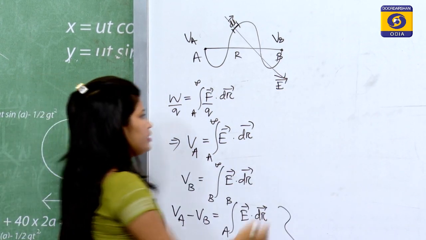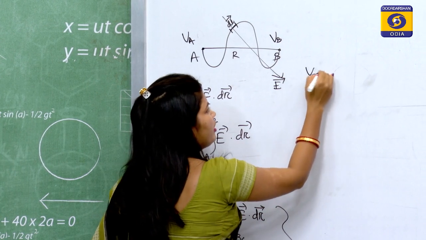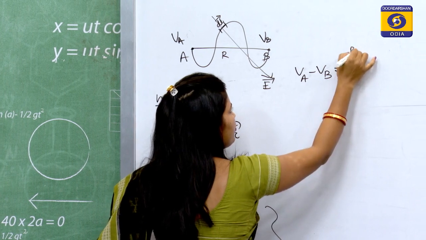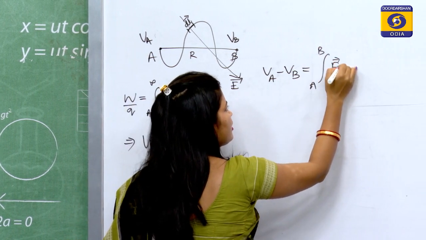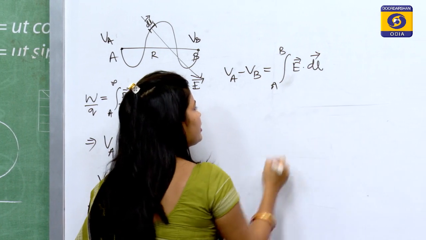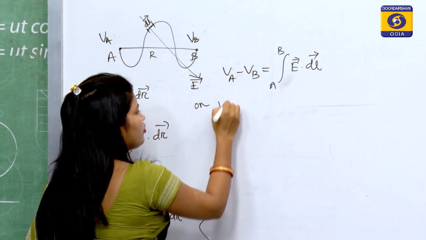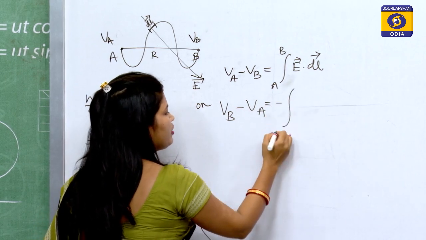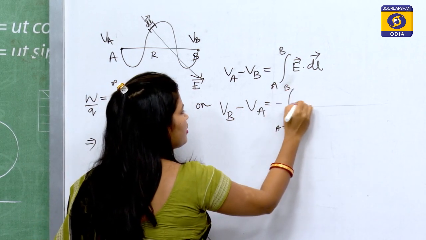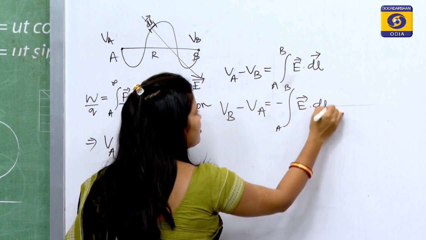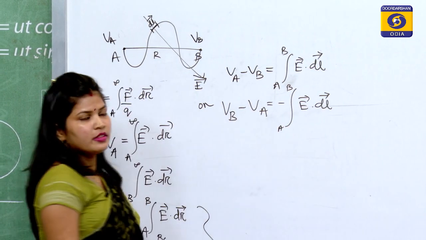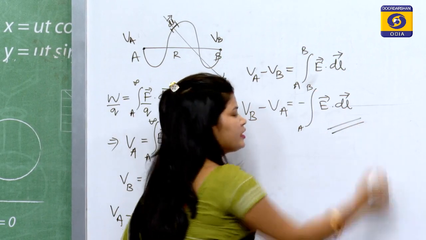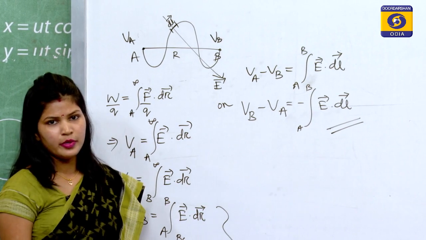Then I can write that V A minus V B is equal to the integral from A to B of E dot dl, or V B minus V A is equal to minus the integral from A to B of E dot dl. Just dr is replaced by dl, and this is the line integral of electric field.